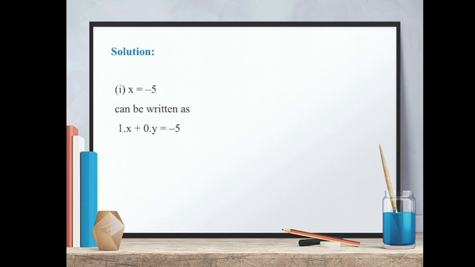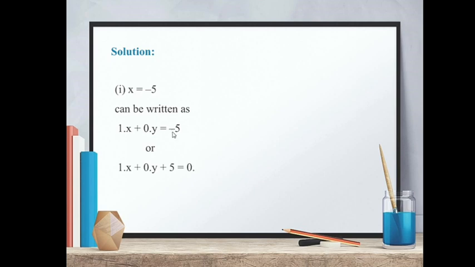Now what is a linear equation in two variables? A linear equation in two variables means we want two variables, but here only x is given in the question, which means only one variable is given. So we will consider another variable also, whose coefficient we will take as 0, as the second variable is not given. So here we will write this equation as 1x plus 0y equals minus 5, or we can write it in the form of 1x plus 0y plus 5 equals 0.